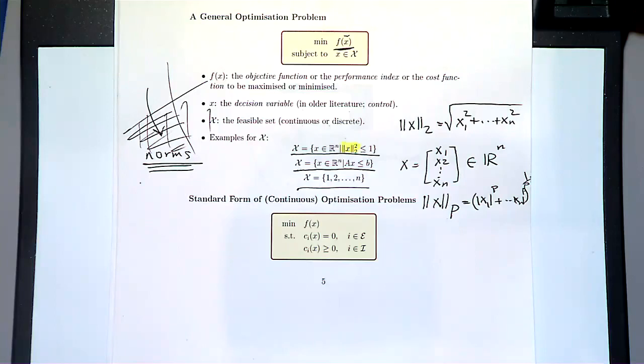Why can I say something like that? Yes. If I'm maximizing something, it's the same as minimizing minus of that something. So it doesn't really matter if I'm doing maximization or minimization. Okay? Is it clear to everyone?